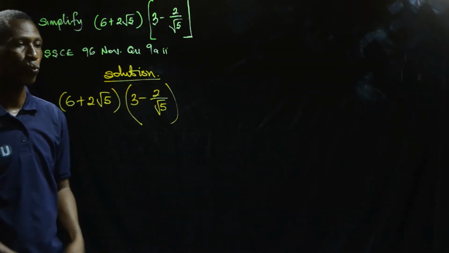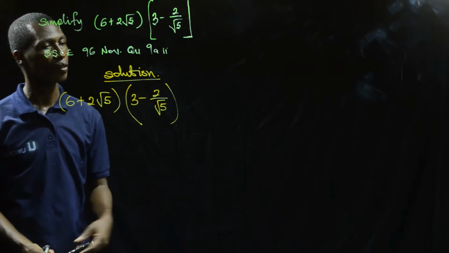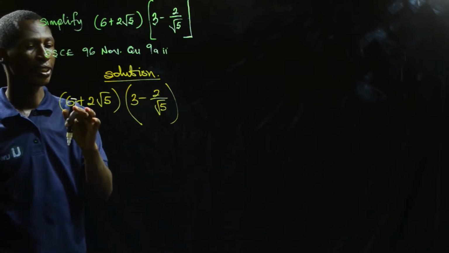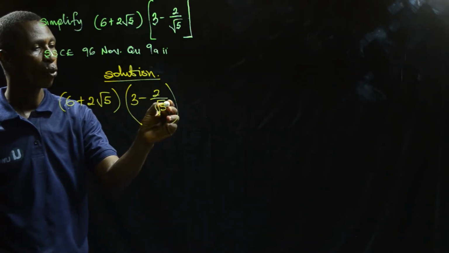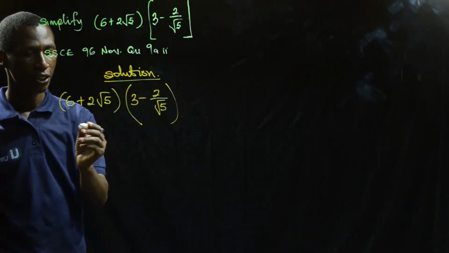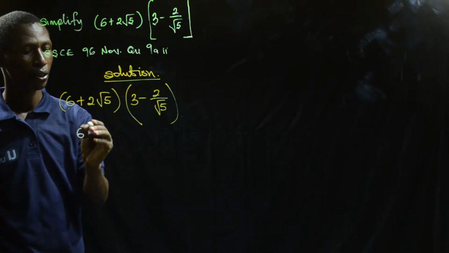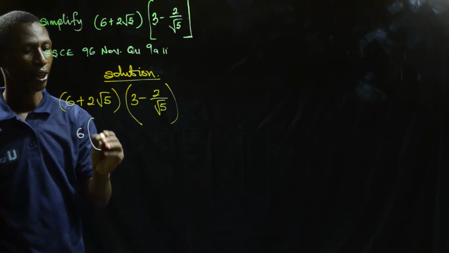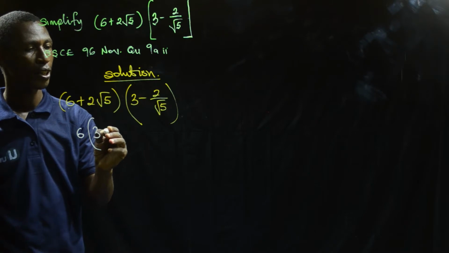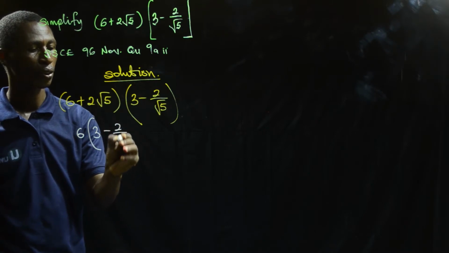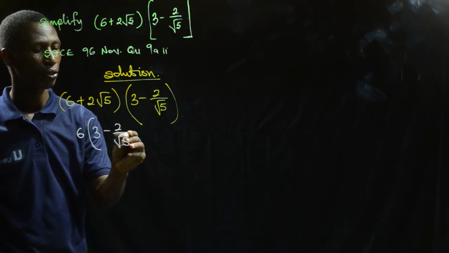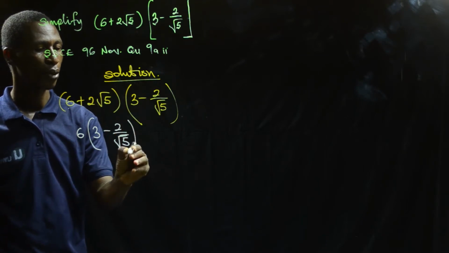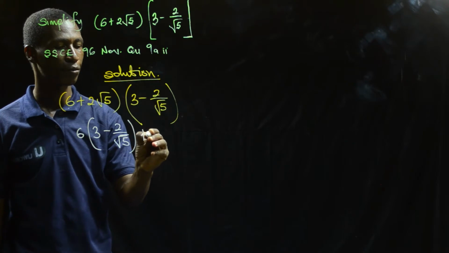And we know the various ways we expand. First thing is that this figure should be multiplying out the entire content on the right hand side. So I'll bring my 6 out and I open a larger bracket, then I put my 3 minus 2 over root 5. Okay, good. I close the bracket. Then I bring my operational sign.